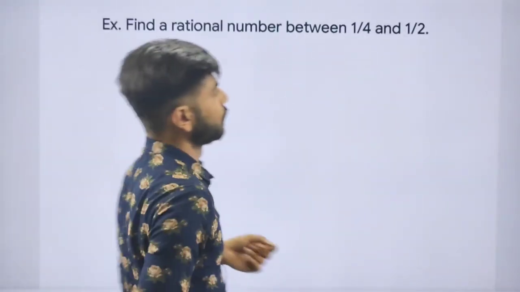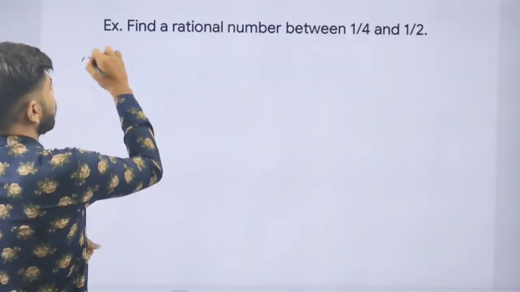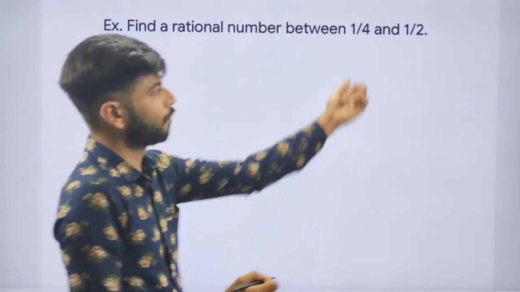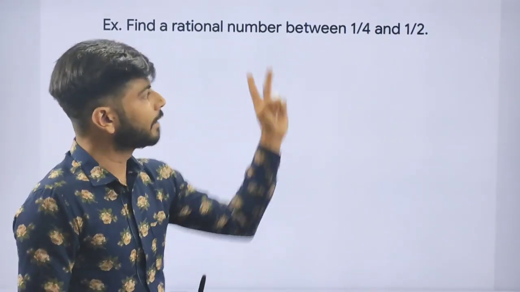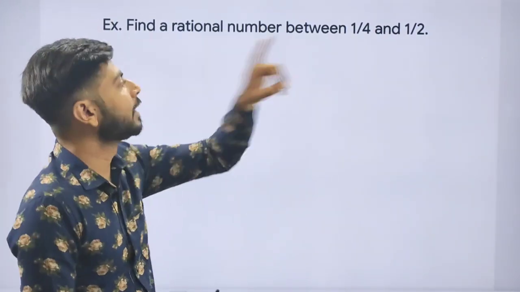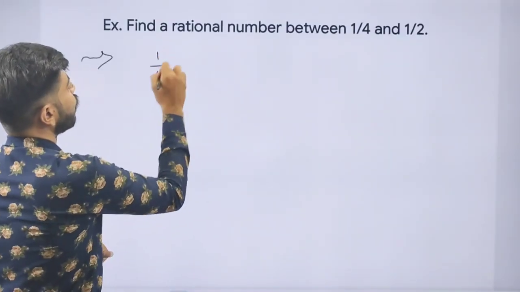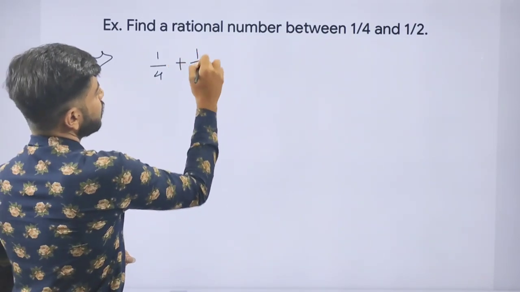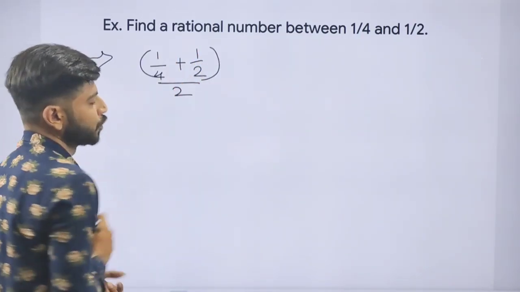Find rational numbers between 1 upon 4 and 1 upon 2. First of all, we will find the mean of 1 upon 4 and 1 upon 2. So how to find the mean? Add these two numbers and then divide by 2. So first of all, we will do 1 upon 4 plus 1 upon 2, and then we will divide it by 2.